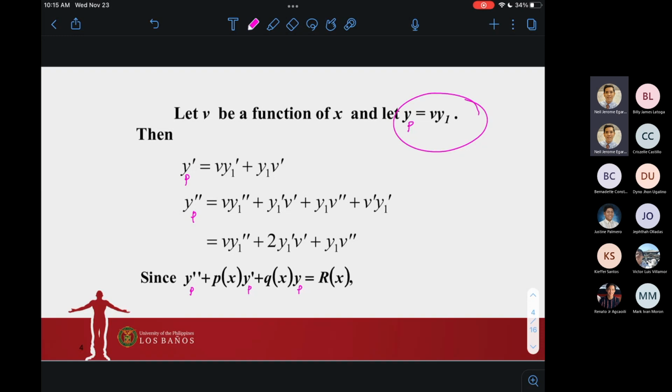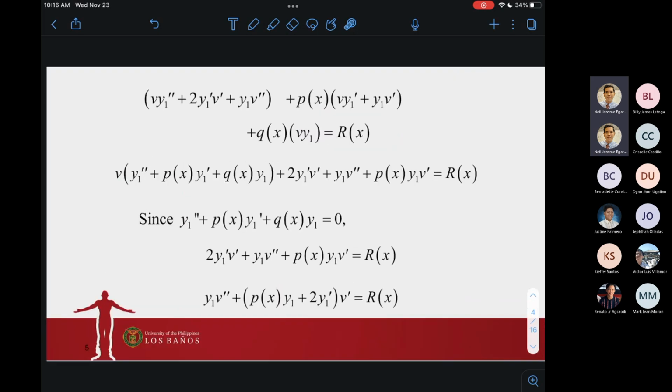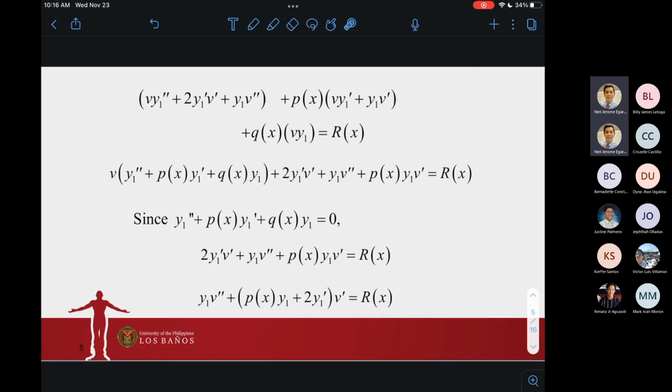That's why we want v to be chosen such that the equation is satisfied by y sub p. All good? Then in the next slide, I will plug in these values of y sub p prime and y sub p double prime into the whole equation. I think I just copied over whatever was in the PowerPoint, I didn't write everything out.